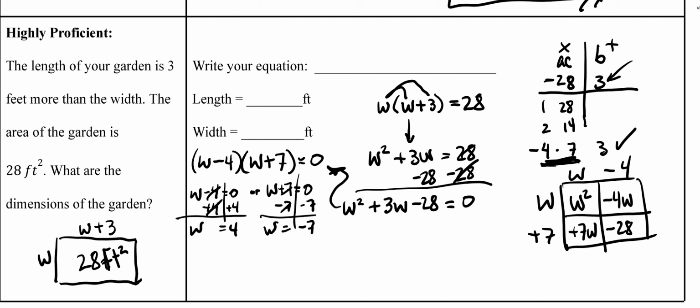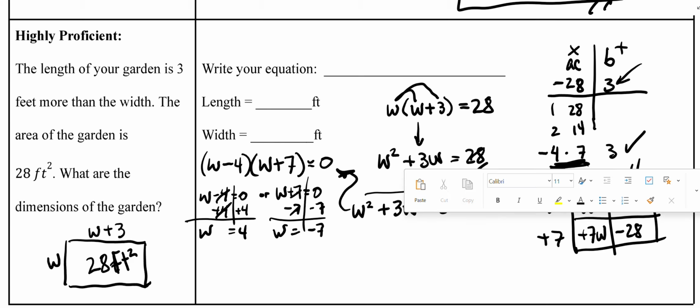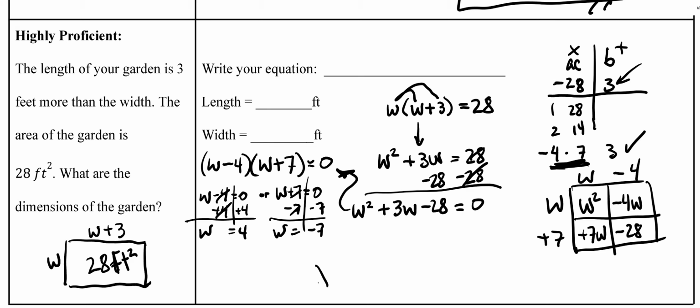And at this point, I can say, on my ruler, on any ruler, there's no negative numbers, only positive numbers. And so negative 7, we can just say, hey, you don't work here. Only W equals 4. And so at this point I can say that my width equals 4.